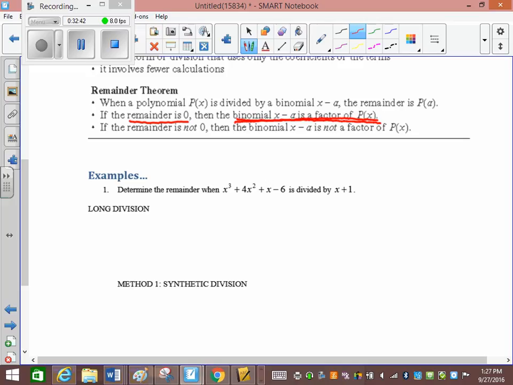So whenever you read "is a factor," that is them telling you the remainder is 0. That is fancy words for remainder is 0. Everyone forgets it. That's why I'm writing it here.